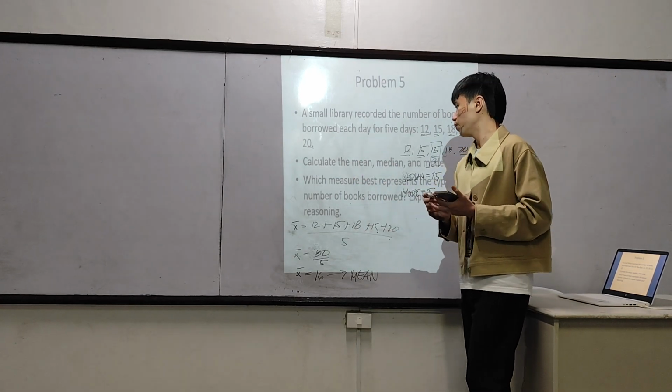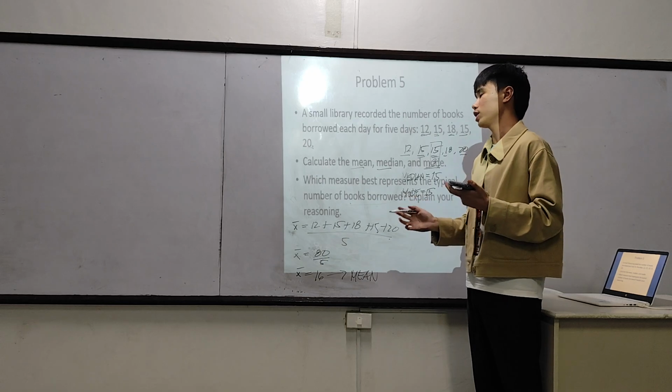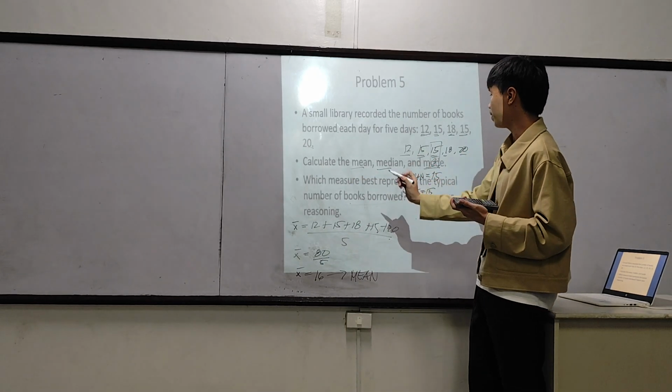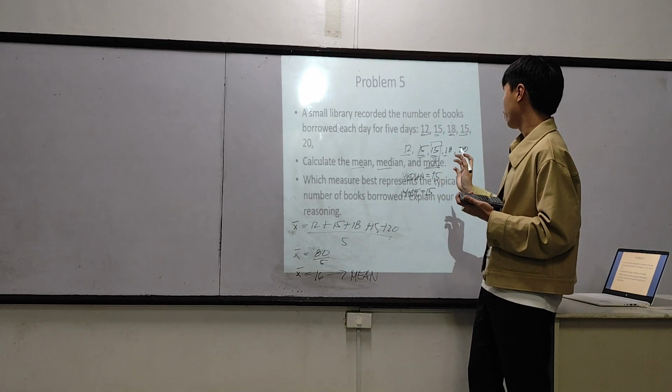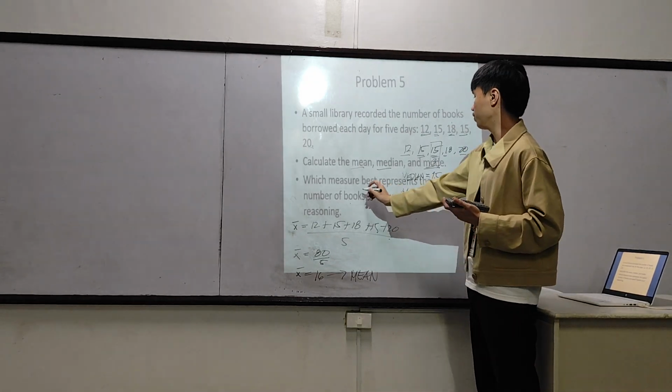As we can see, we found the mean, median, and mode. But that is not the whole question. We also need to answer which measure best represents the typical number of books borrowed, and explain our reasoning.